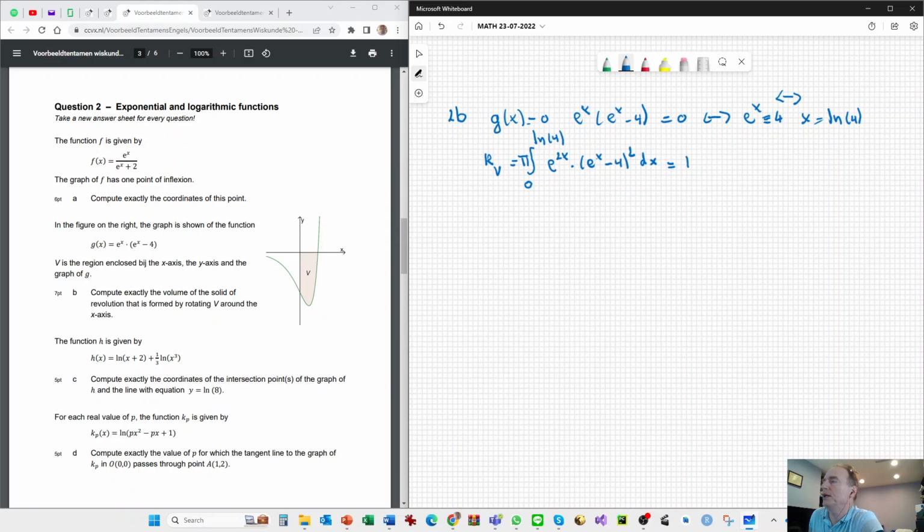So you get pi times the integral e to the power 2x times e to the power 2x minus 8 e to the power x plus 16 dx.